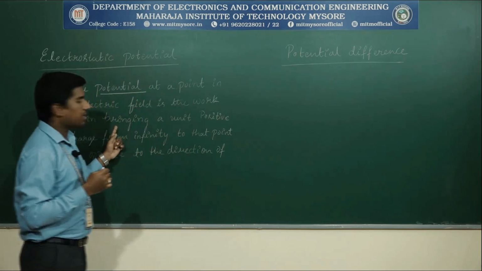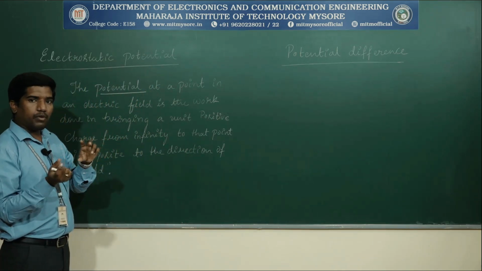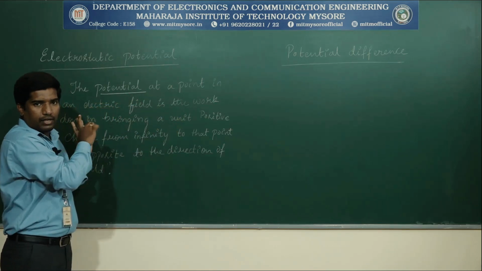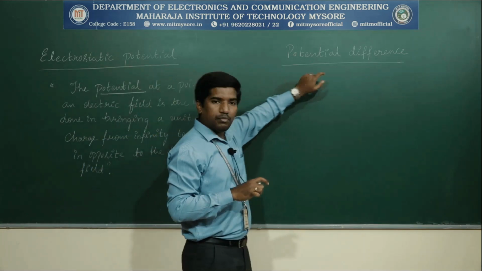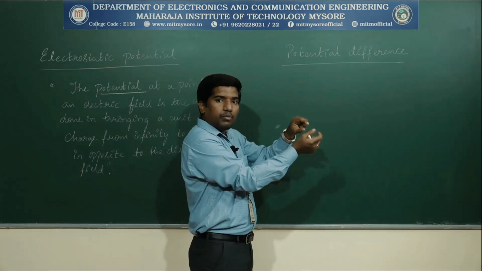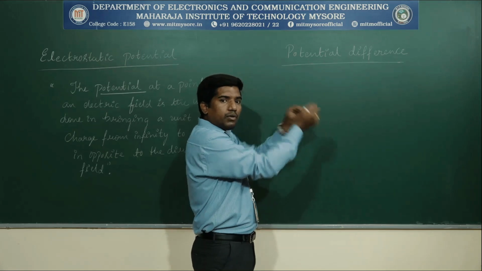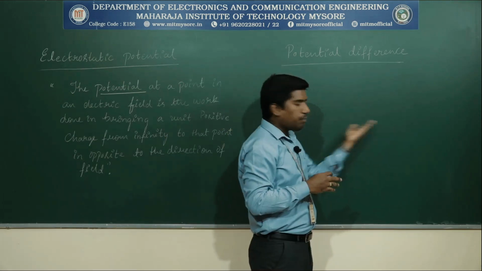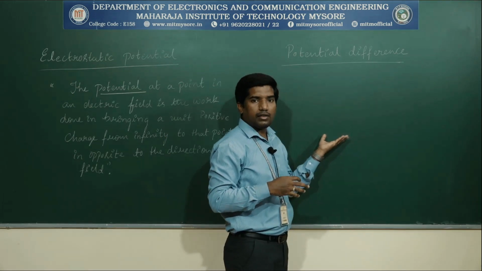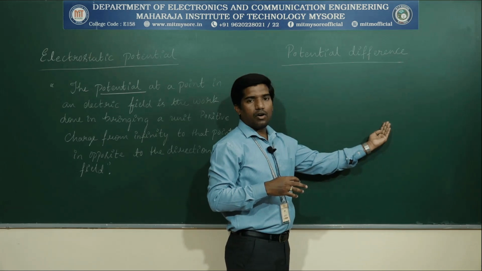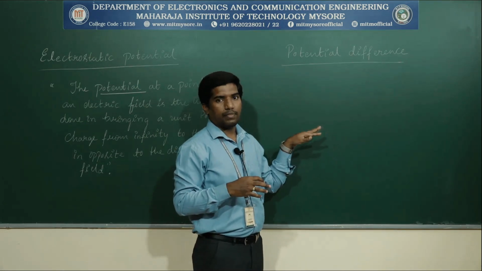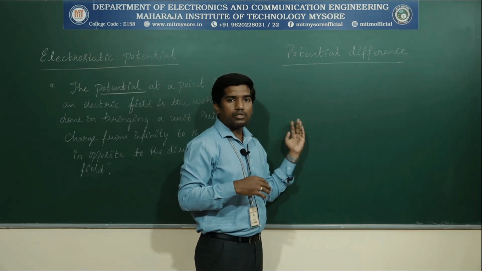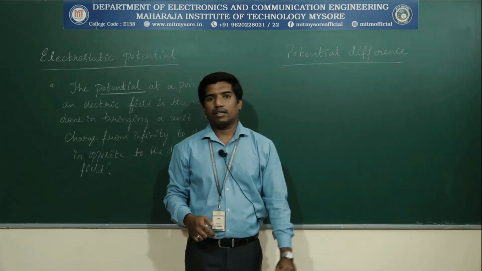In the potential definition, we are bringing a unit positive charge from infinity to a particular point in an electric field. Here, potential difference means you are bringing a unit positive charge from one point to another point in a given electric field. The two points are within the same electric field, but the direction of work done is opposite. The direction of pushing the unit positive charge is opposite to the applied uniform electric field.